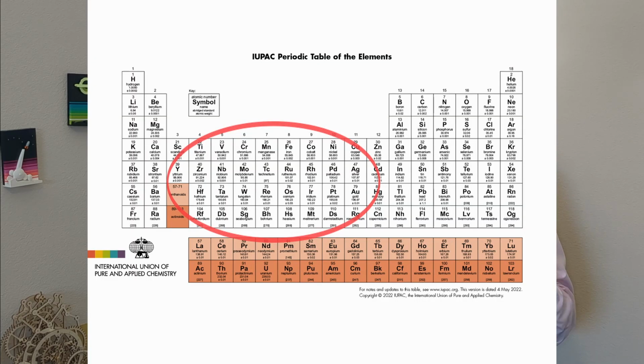For a lot of transition metals, you'll hear chemists talk about the 18 electron rule, and we can rationalize it in a similar way. 1 s orbital, 3 p orbitals, and 5 d orbitals. 1 plus 3 plus 5 is 9 orbitals there. Each one holding 2 is a total of 18 electrons.